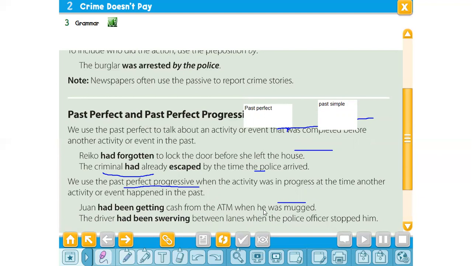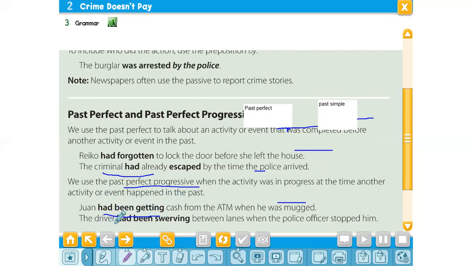Here, where is the past perfect progressive? Excellent. Had been getting. Had plus been plus verb plus ing.